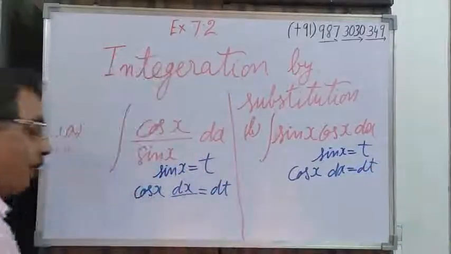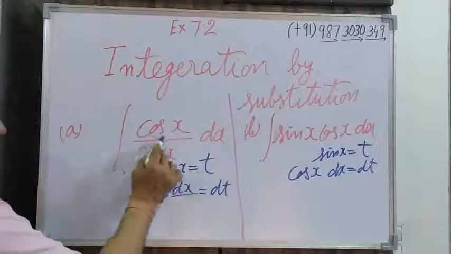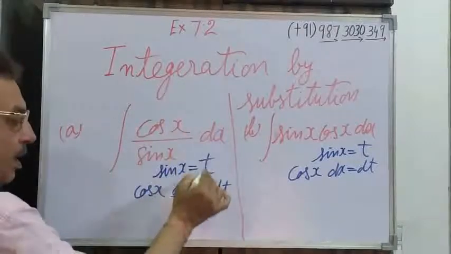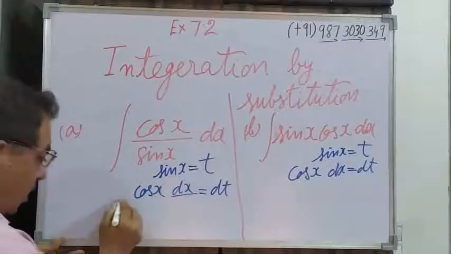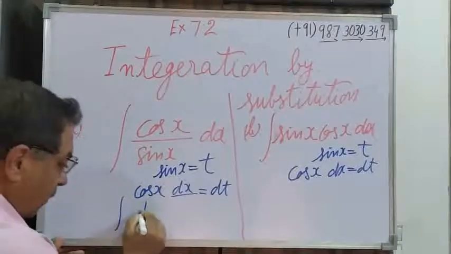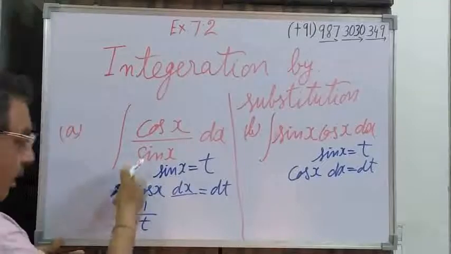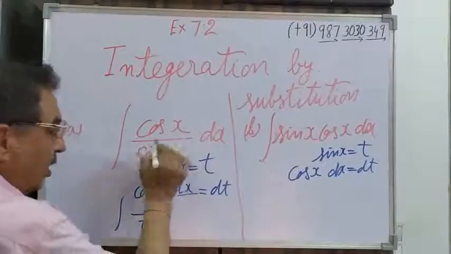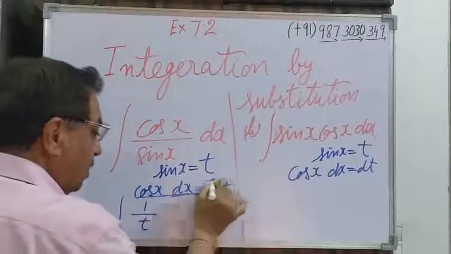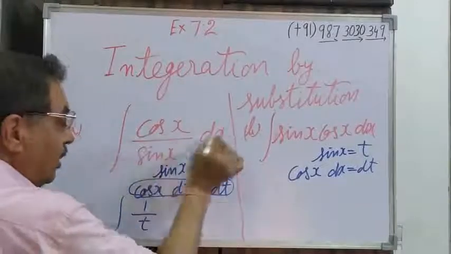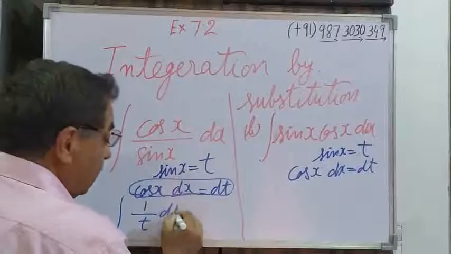Now what we are able to do is write cos x dx as dt and sin x as t. The question becomes the integral of 1 upon t dt, since cos x dx can be written as dt.